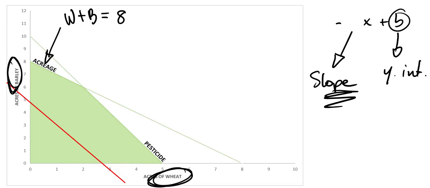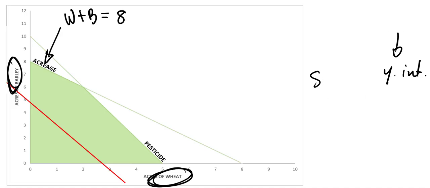So in this case, our y-axis, which is symbolized by our barley constraint, we want to rearrange this formula, isolating for B, or barley, on the left-hand side of the constraint, and we would simply be left with the equation y equals 8 minus w.